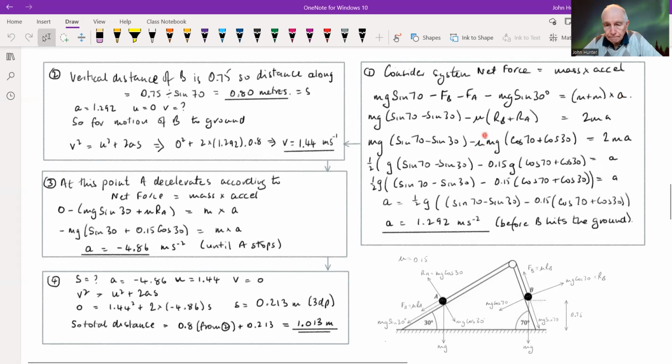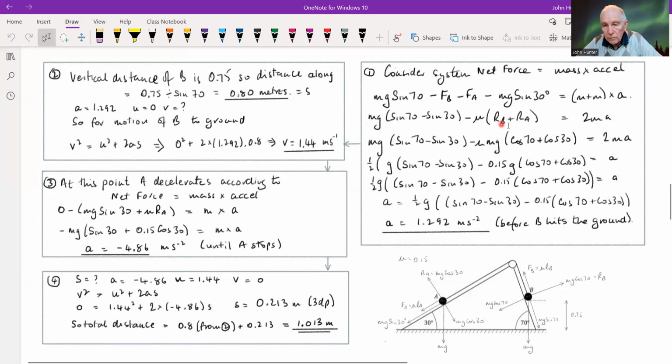Now we'll do a little bit of substitution and a bit of reorganization here. The FB is minus mu RB, and the FA is minus mu RA. We've collected these two terms together and factorized mg out of it.